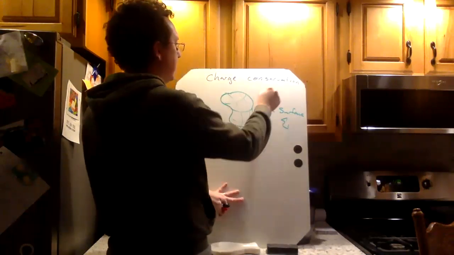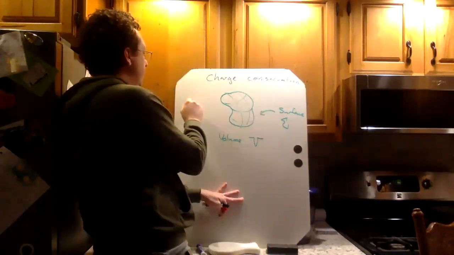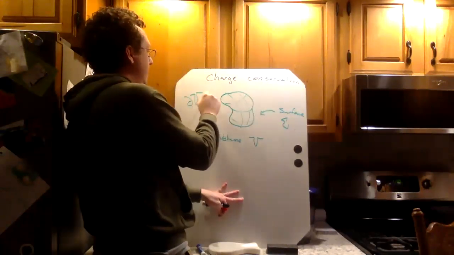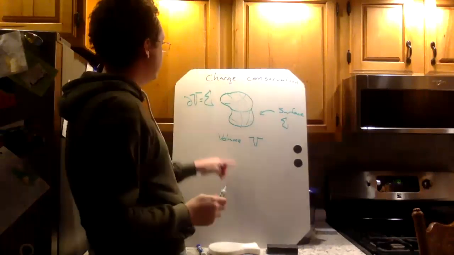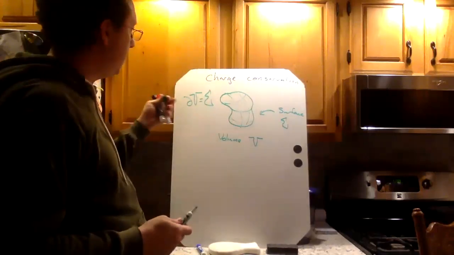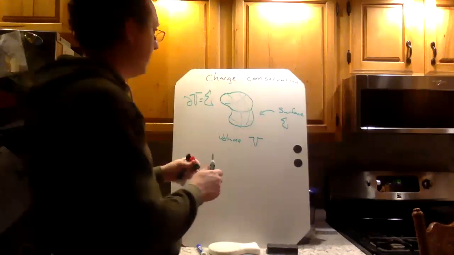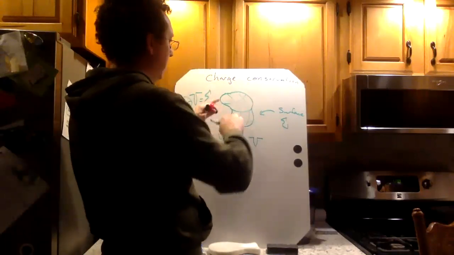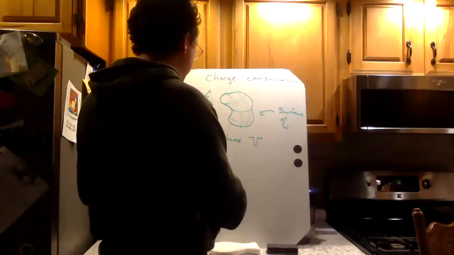The way we say that is, the boundary of V is sigma. This doesn't mean partial derivative. It means boundary. It just means what you think it means: the outer surface of the volume is what we're going to call sigma.